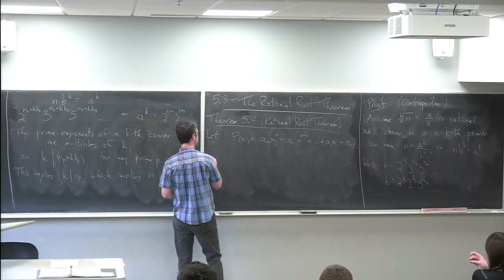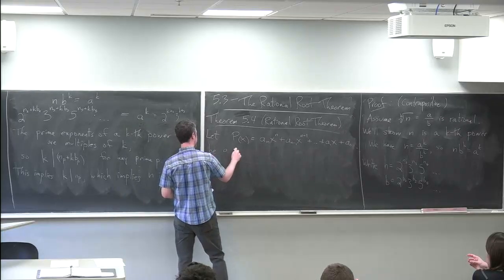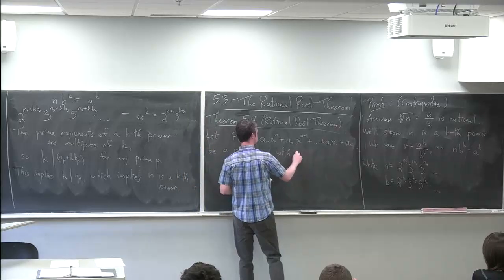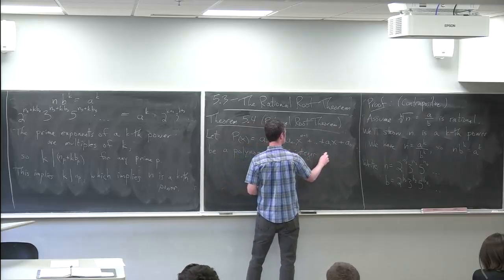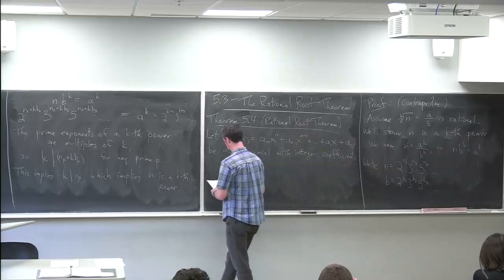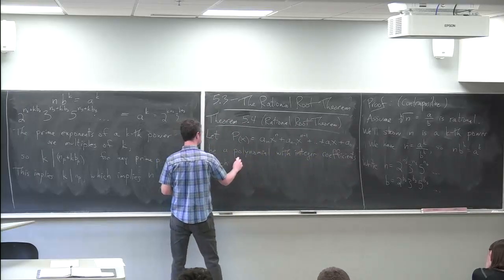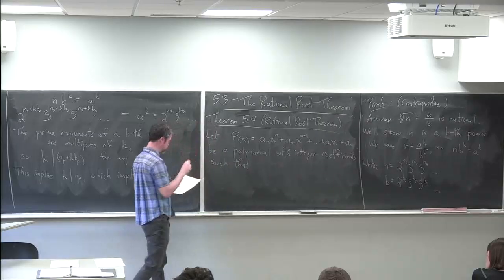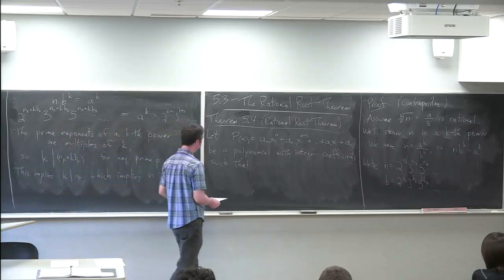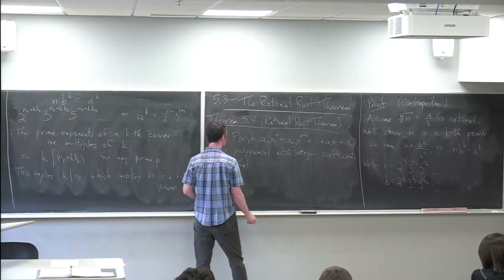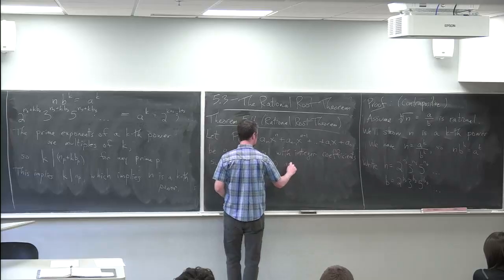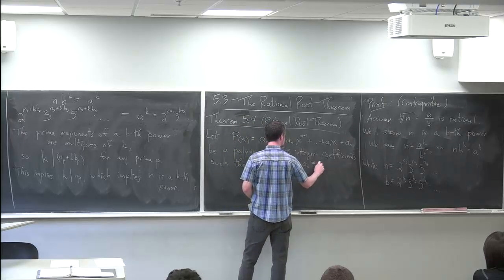Okay, so this is going to be a polynomial with integer coefficients. What we're going to assume about this thing is that a_n is non-zero and a_0 is non-zero.